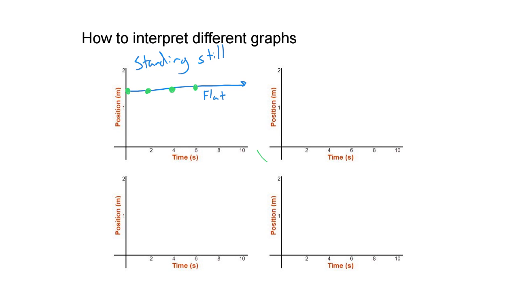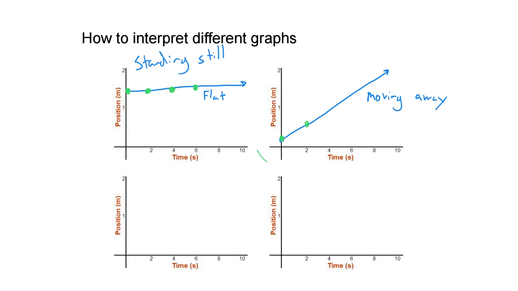Another way this could look is it could have a positive slope. So we could have a line that looks something like this. So this is moving away. All right, so I set a tennis ball down 0.5 meters away from myself, and I give it a little push.